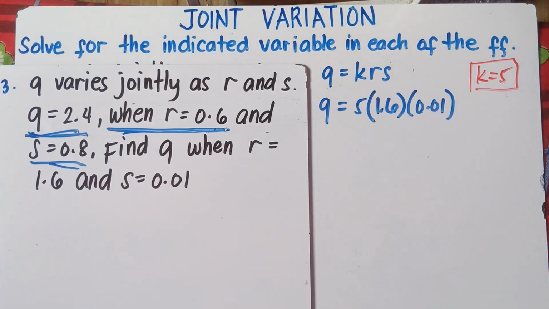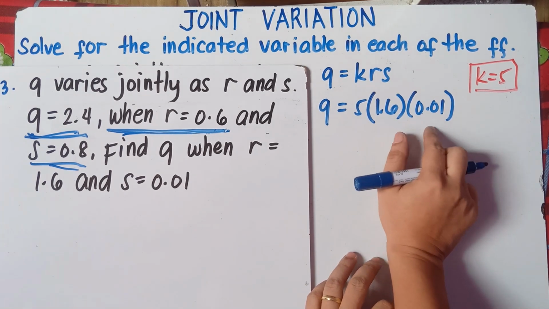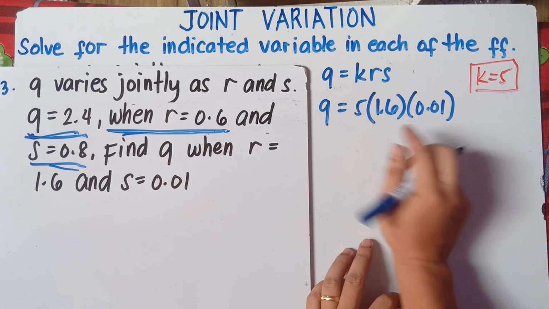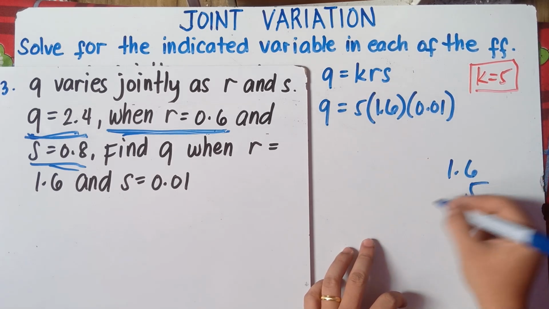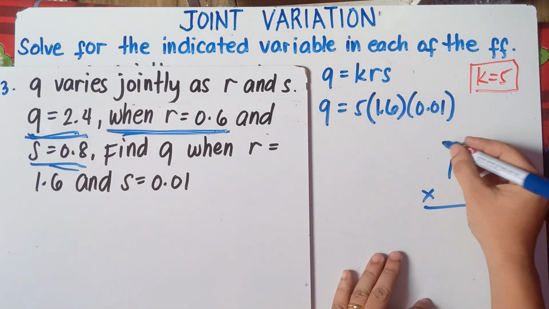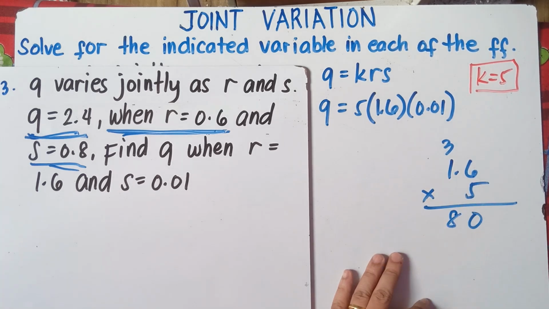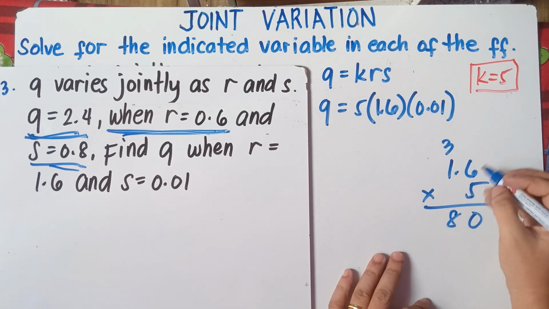Alright, so first thing, we can multiply this one, and then multiply this one by the last 0.01. So let me multiply 5 times 1.6. So 1.6 times 5. 5 times 6, that is 30, 0 carry 3. 5 times 1 is 5, plus 3, that is 8. Then you count how many decimal places.